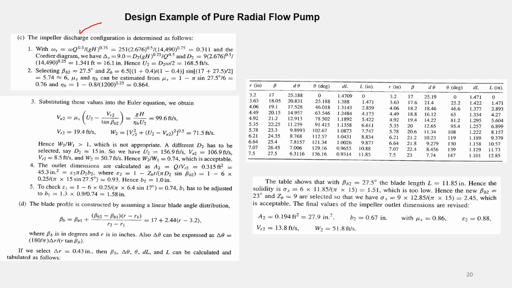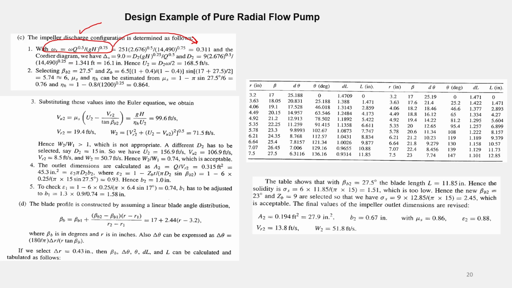Okay, so we continue, and what we'll see here pertains to the outlet configuration or the outlet size of the pump. So this is the non-dimensional specific speed. With this number we have calculated it and found it to be around 31.1%.